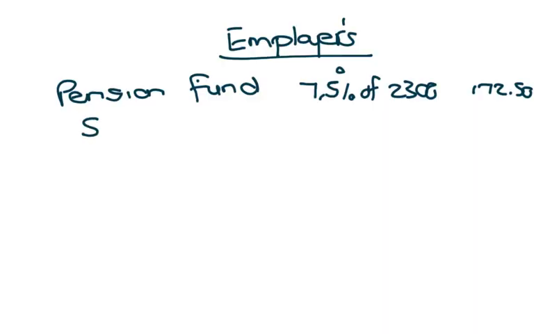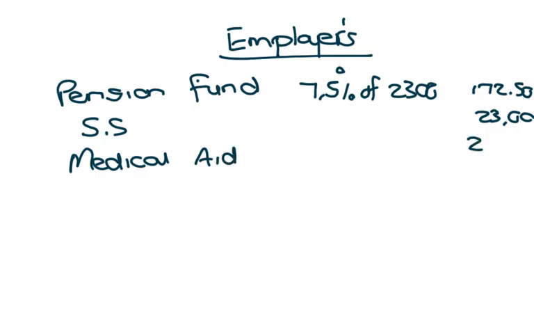There was a social security of $23, and there was a medical aid, and you will remember the medical aid was $230. So this is then all the amounts that the employer will contribute towards these funds on behalf of the employee.